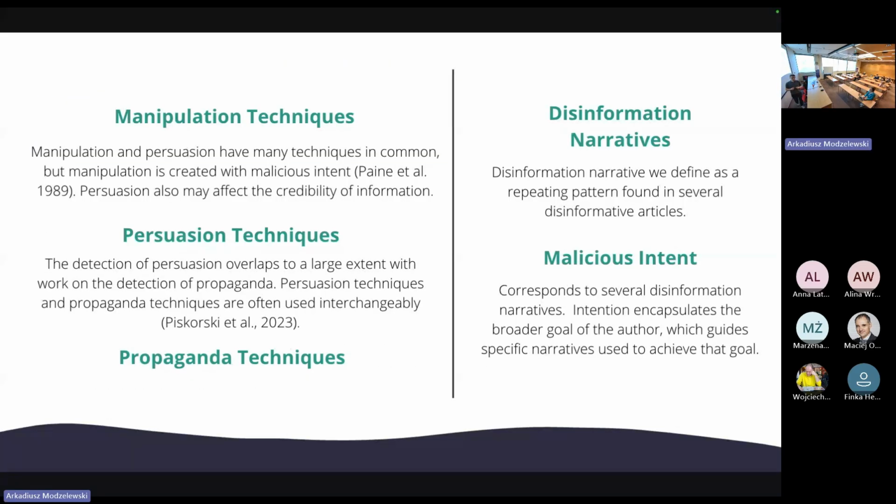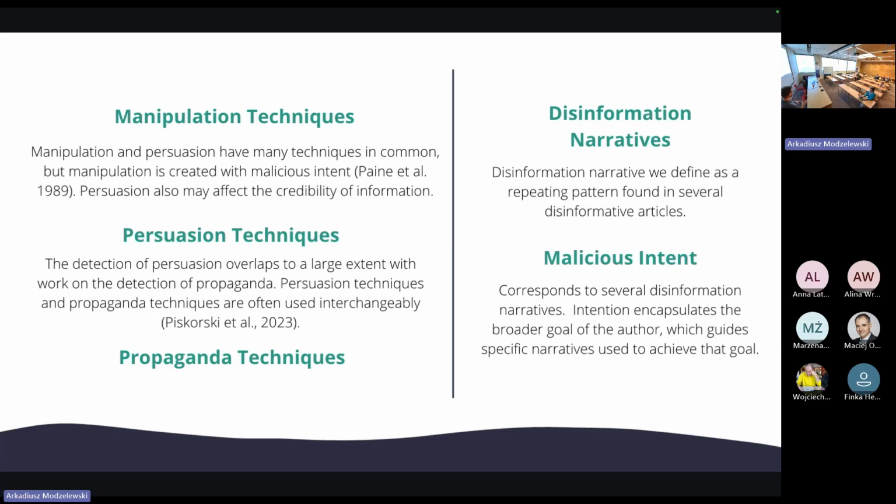I've already mentioned some terms which it would probably be better to at least have a brief understanding of. I mentioned manipulation, persuasion, and also malicious intent. So let me tell you why in my research I use manipulation techniques, but also persuasion techniques or even propaganda techniques.